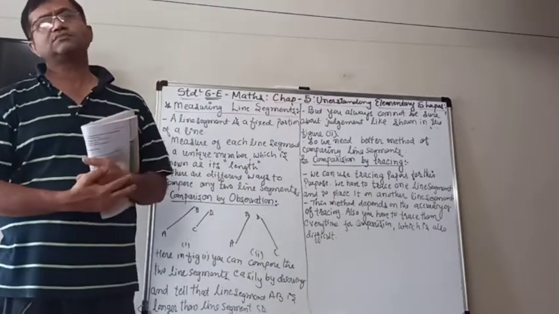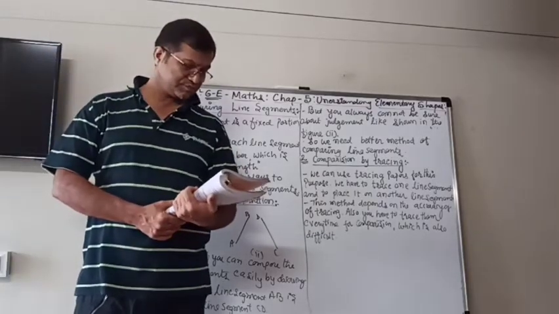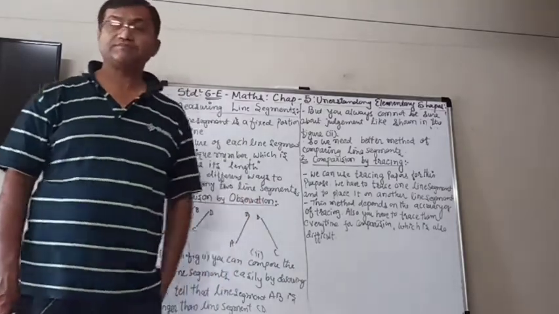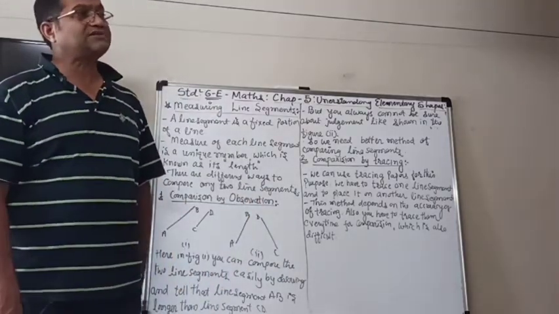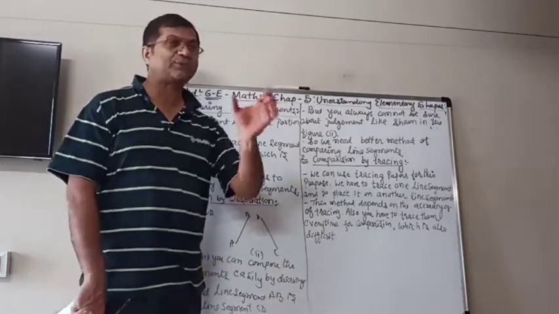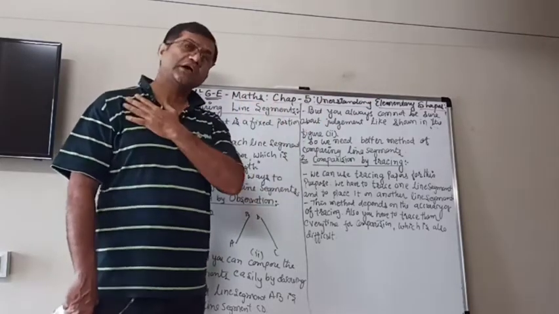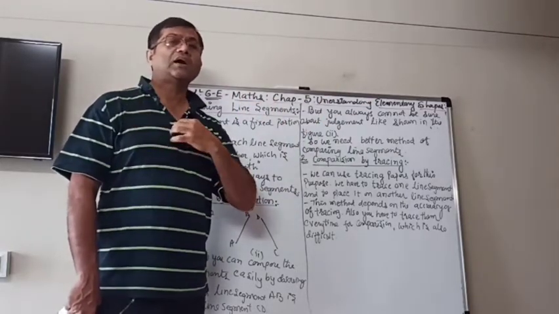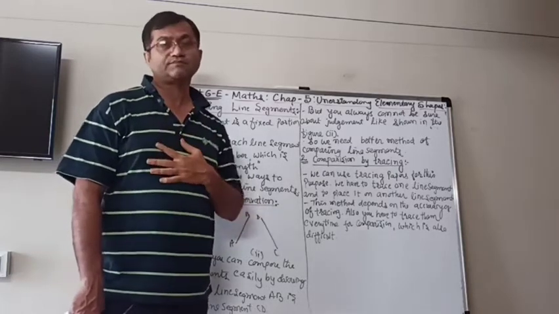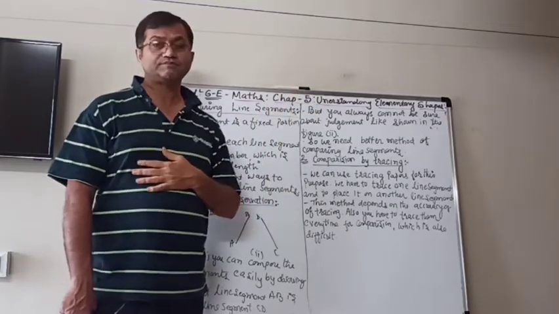First of all, measuring the line segments. You know what is a line segment? Actually, a line segment is a limited portion of a line. Because we know that a line goes on both sides without stopping, on and on, never ending.